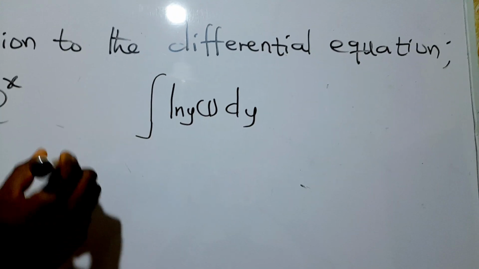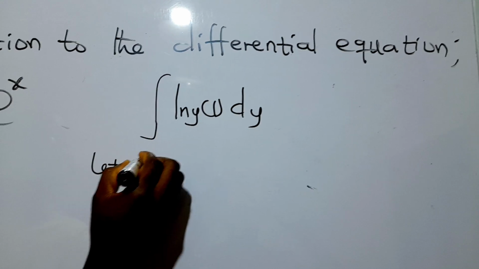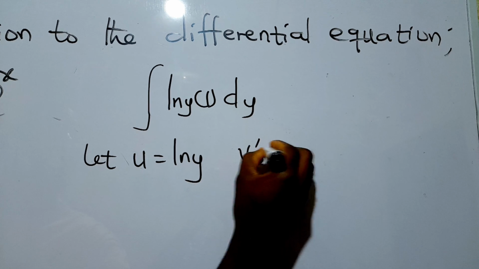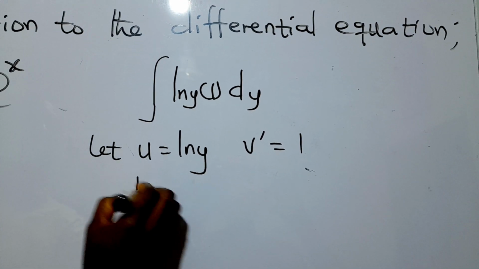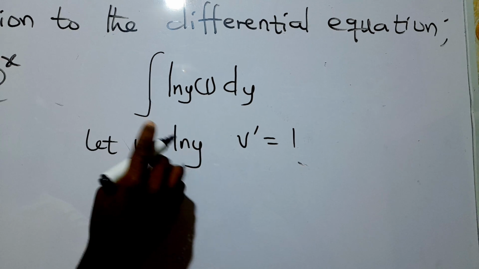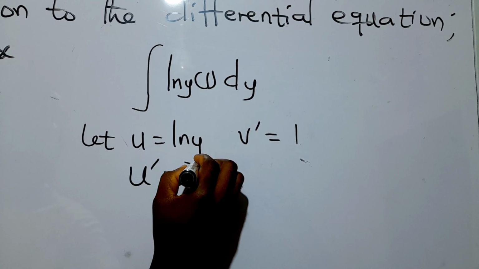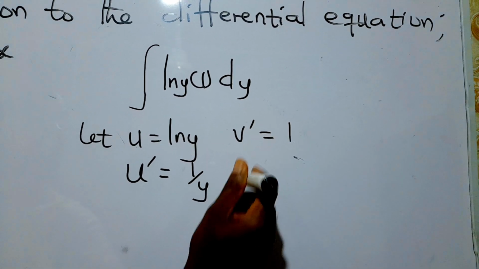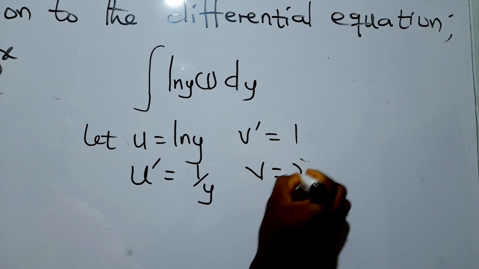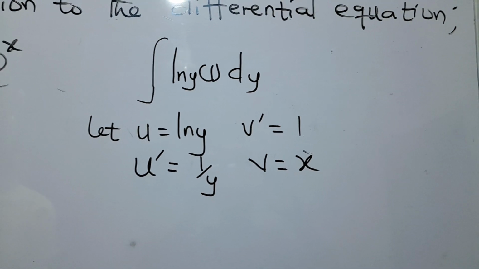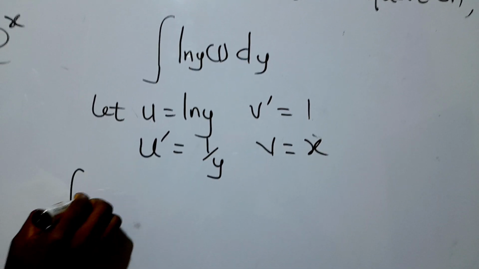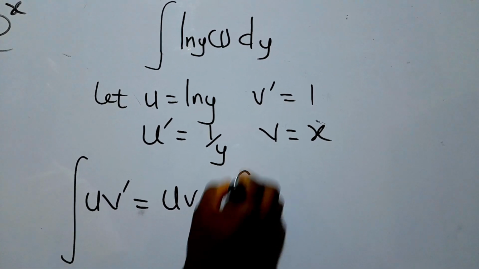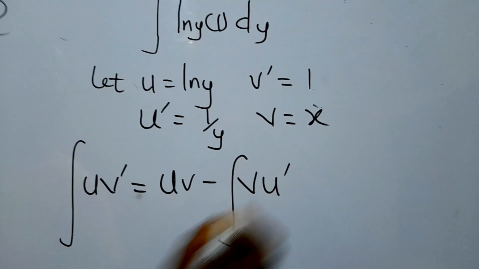So integrating this by parts, I'll let u be equal to ln y and v prime be equal to 1. Now I'll find my u prime: the derivative of ln y is just 1 over y. And to find v, we integrate, and the integral of 1 with respect to y will be y. Remember, integration by parts says the integral of u v prime equals uv minus the integral of v u prime.